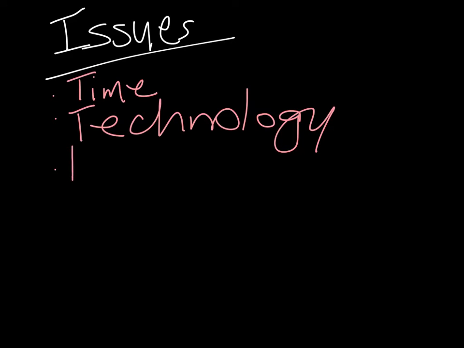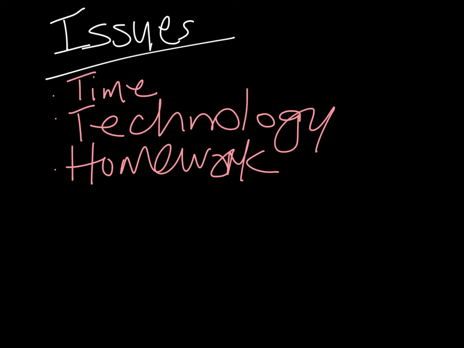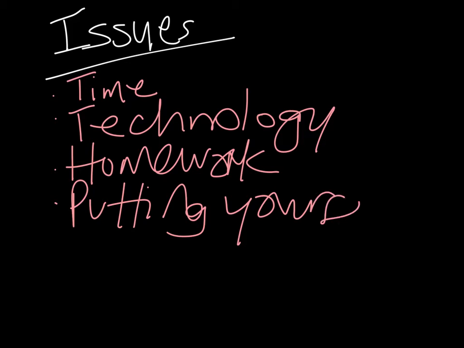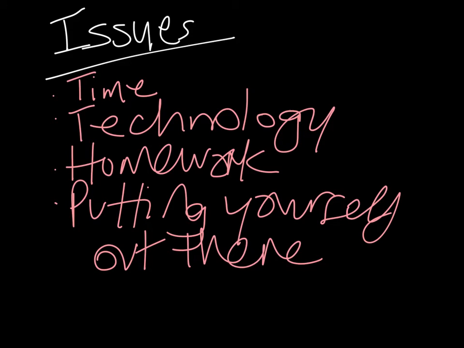There's the issue of homework, what happens when students haven't done their homework, shock horror, what do we do about it and how do we move on with the lessons. And of course there's the issue of putting yourself out there, whether or not you feel comfortable doing what I'm doing, for example, and perhaps having your image out there, or perhaps not being perfect at what you're doing but just having a go at it anyway.